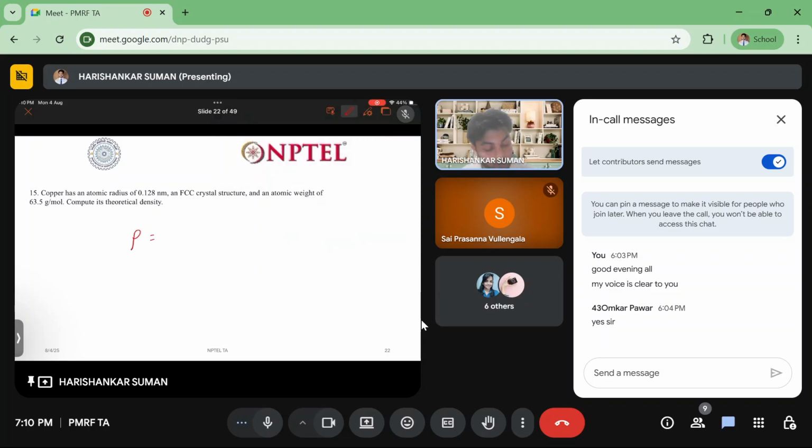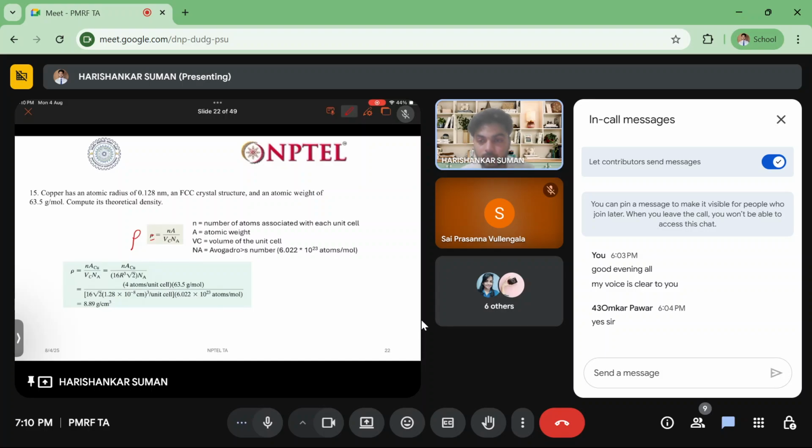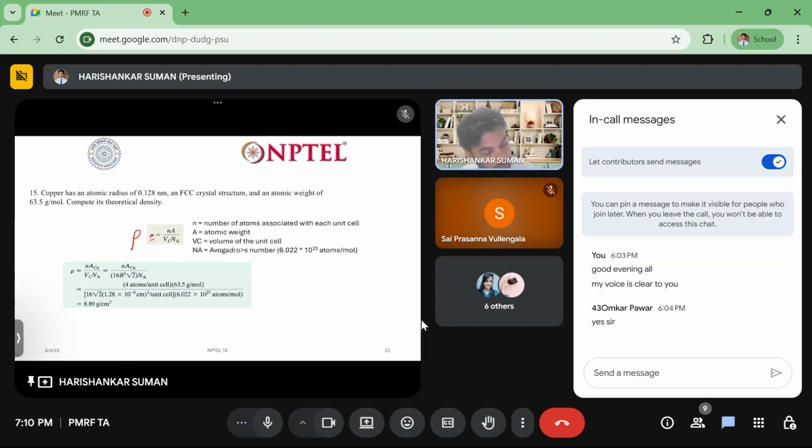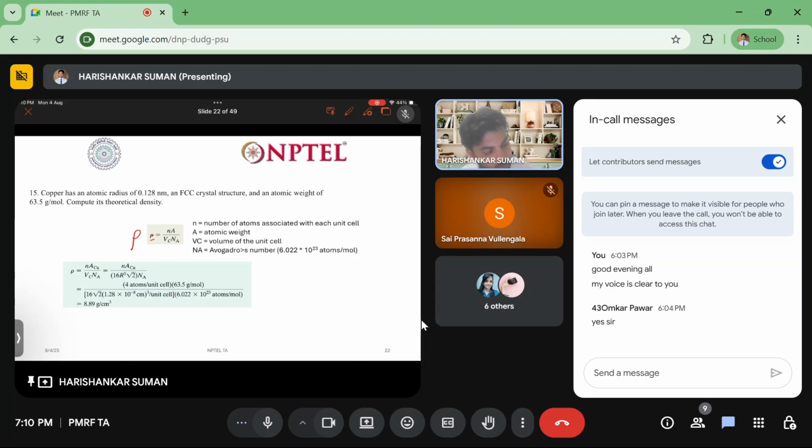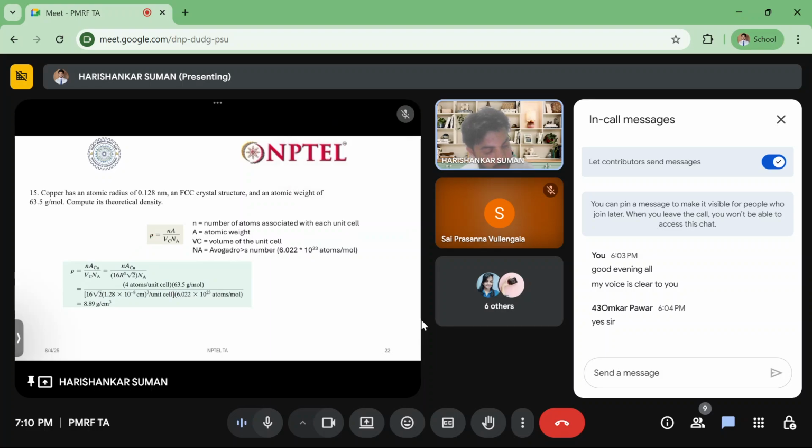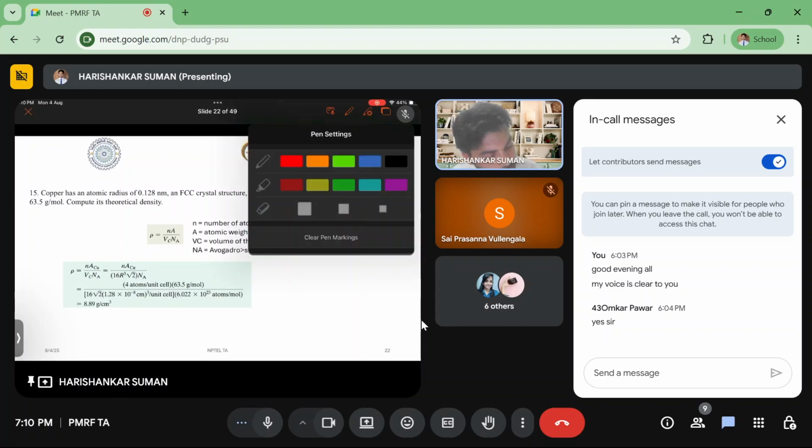Density, how can you calculate? One minute. Please see the solution first. This is a new type of question for you, I think.